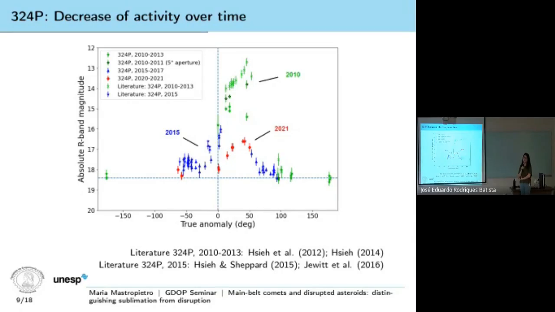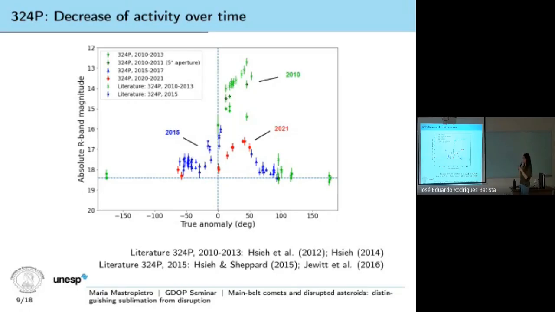Yes, we did it for 313P, and we estimated the gas production rate. It was consistent with what they saw with the James Webb for those other two comets I showed. And we can also estimate the velocity of the particle ejection by analyzing the tail morphology, and from that we can also differentiate between impact and sublimation.